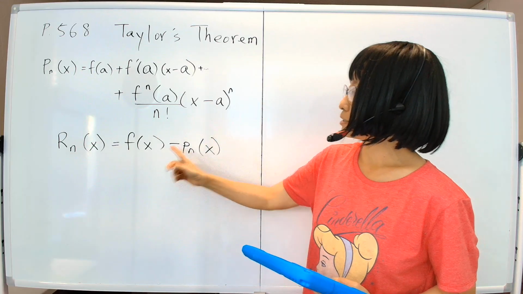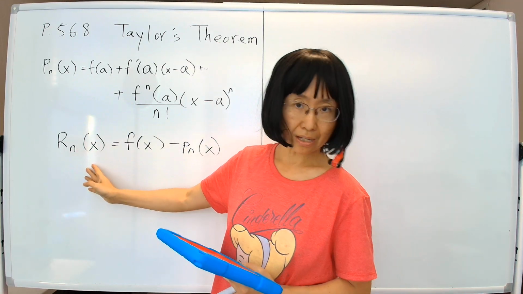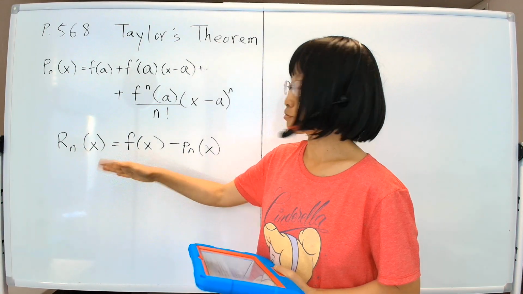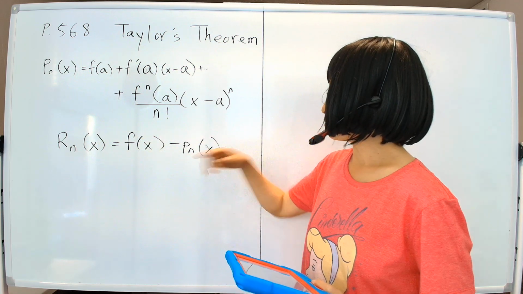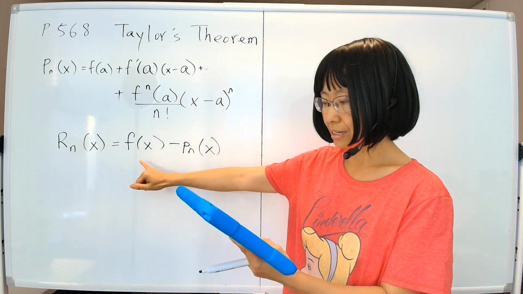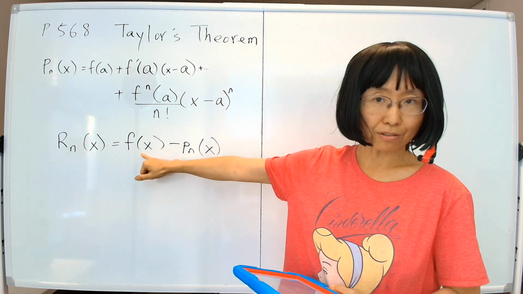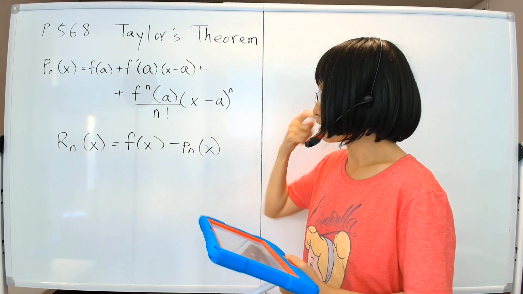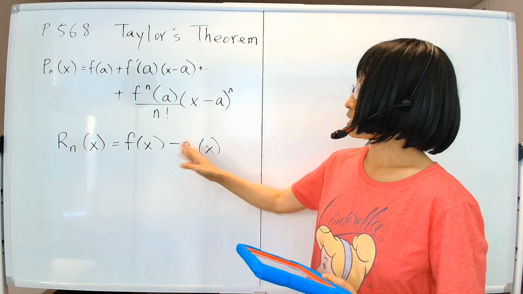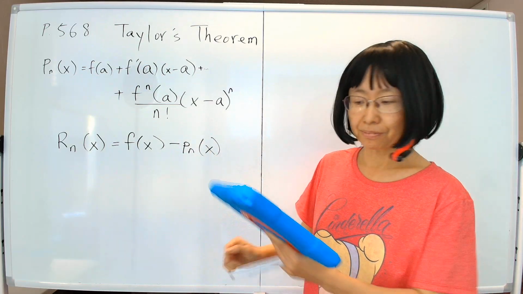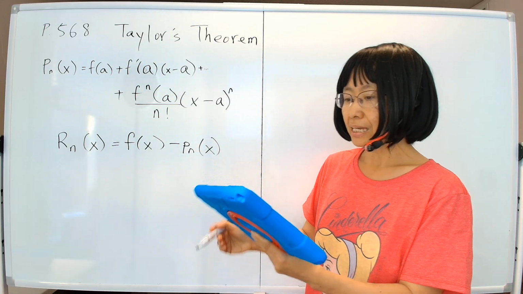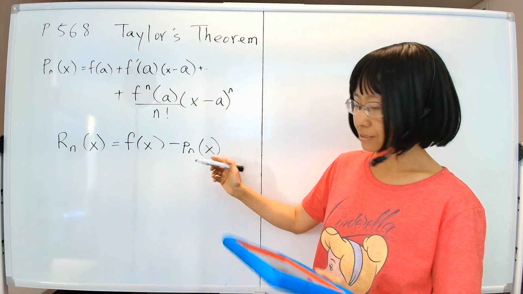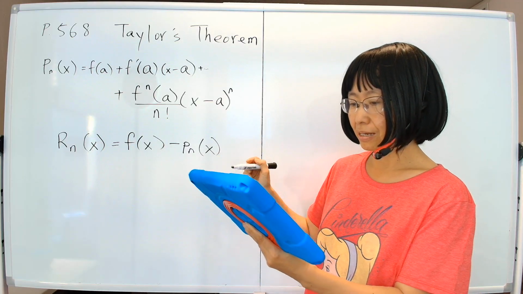Now, we will define Rn of x as the remainder. That is what's left. We'll define it as the difference between the original function and Pn of x, which is fine, right? That would be what's left. You subtract, whatever the difference might be. Taylor's theorem says the difference will be this.